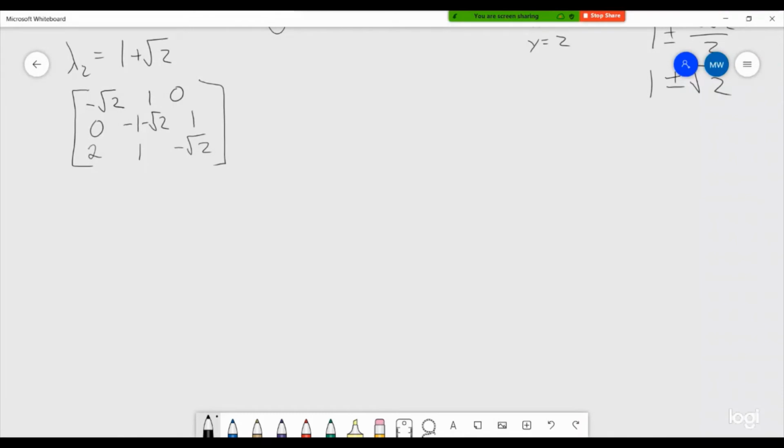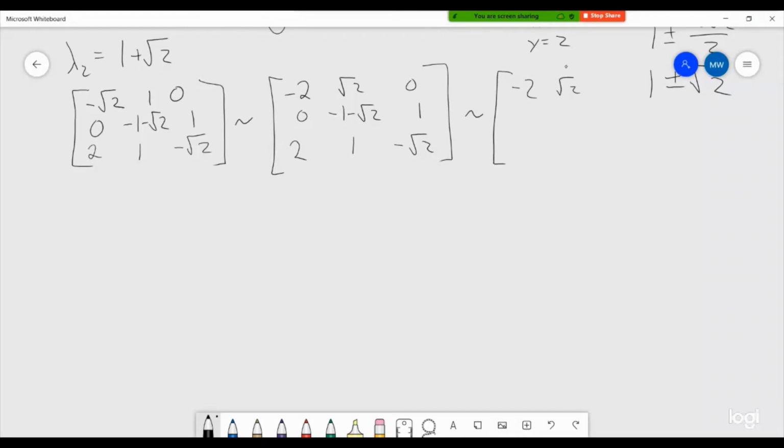To start off, let's multiply the top row by the square root of 2. That gives us negative 2, square root of 2, 0, 0, negative 1 minus the square root of 2, 1, 2, 1, negative root 2. The reason I did this is so that we can cancel out a significant part of the bottom row. So that turns into negative 2, root 2, 0, 0, negative 1 minus root 2, 1.